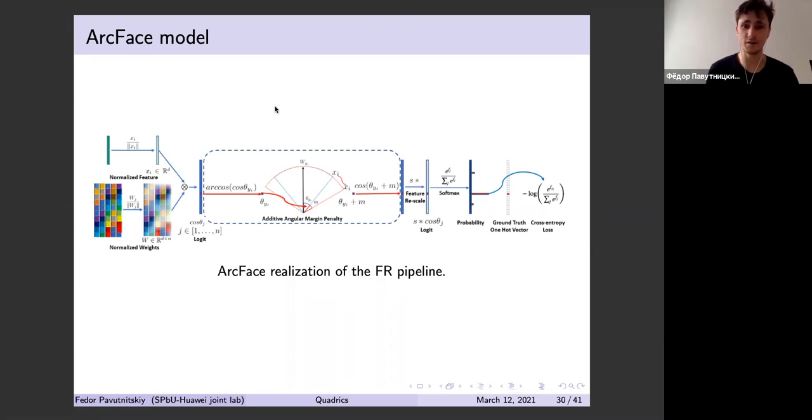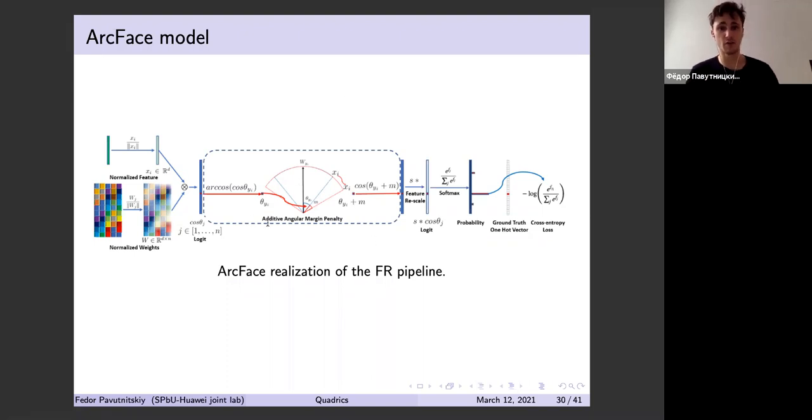It's just to have some pictures in the slides. The idea is the following. This deep ArcFace model is trained in a way that for pictures of the same identity, the corresponding feature vectors are close to each other, and the vectors of different identities are far from each other with some margin.